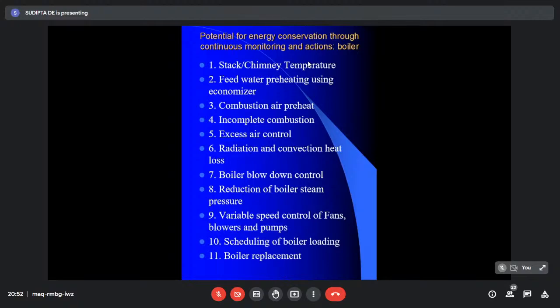Okay. Fourth is what? Incomplete combustion. This is a very relevant issue, because if the fuel sent to the boiler is not going through complete combustion, what does it mean? The combustible component of the fuel in a coal, ash is always there. Ash is the incombustible part. It is basically many metallic oxides that are not combustible. But the coal has the majority of the combustible components as hydrocarbon fuel. So hydrogen is there, carbon is there.